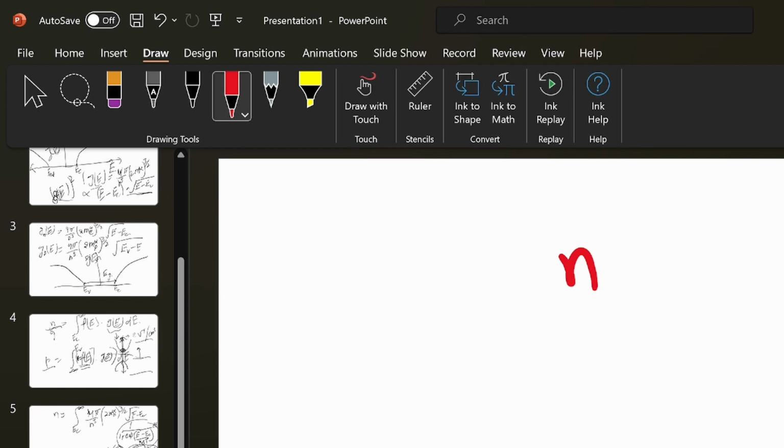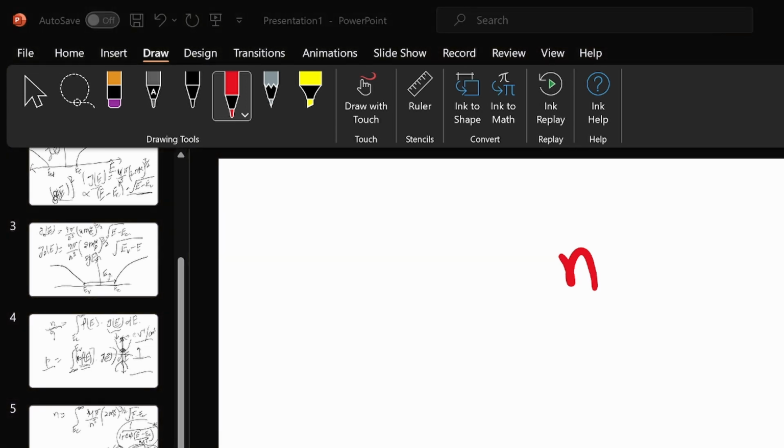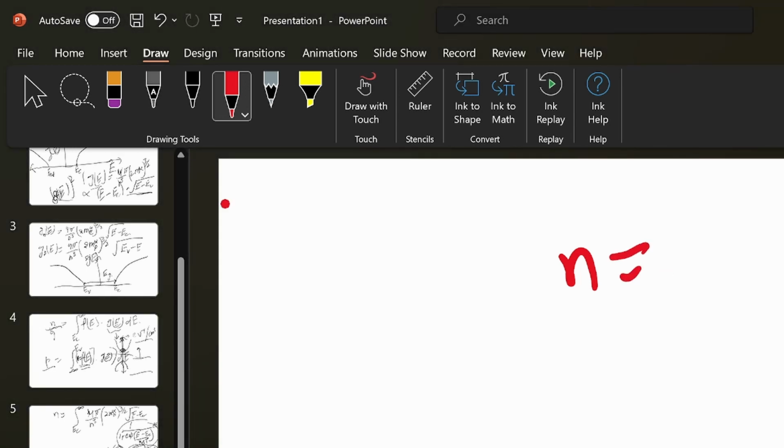So N is equal to the integral of G(E) into F(E) in the energy regime. So this was the multiplication.